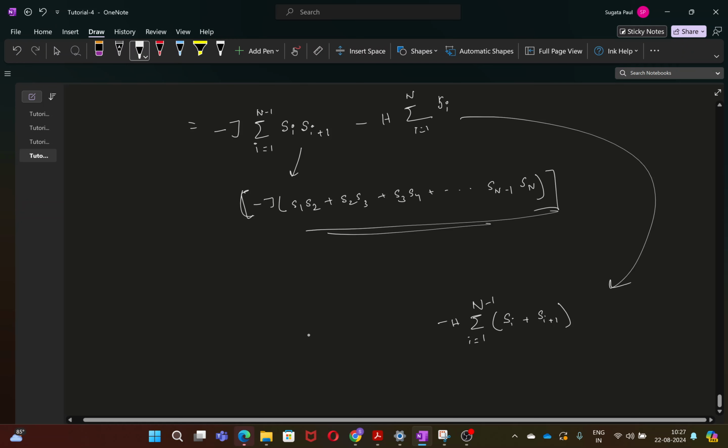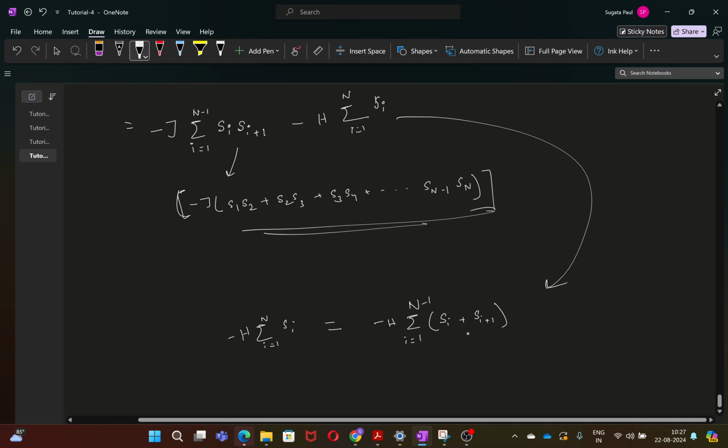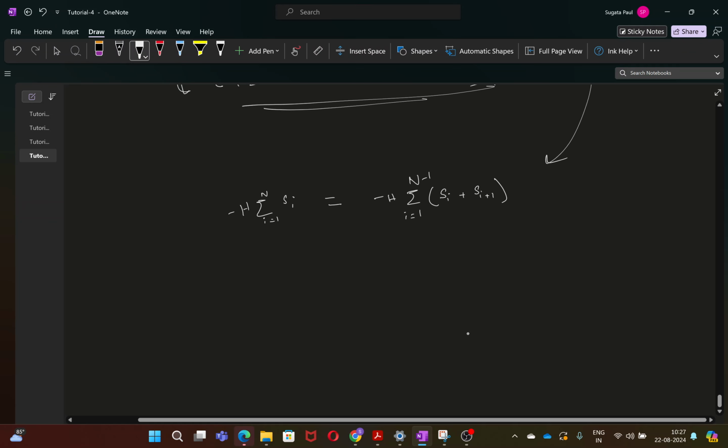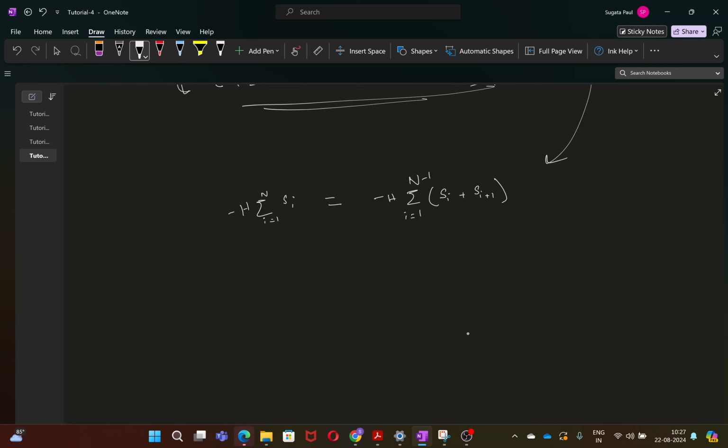Because you are writing this minus h sum over i equal to 1 to capital N Si in some other simplified or decomposed format, which is minus h sum over i equal to 1 to n minus 1, Si and then Si plus 1. So a particular spin Si and the next neighboring spin Si plus 1.